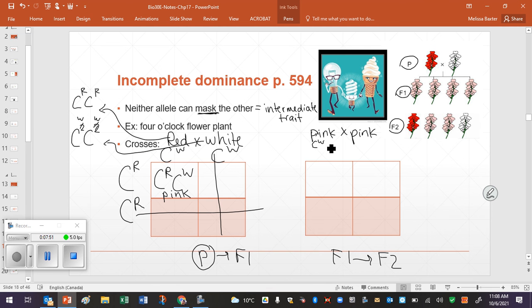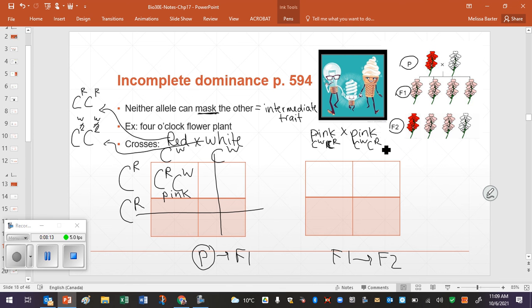The pink genotype was one white and one red. And notice I wrote them in a different order because it didn't really matter. Red wasn't dominant over white, white wasn't dominant over red. So I didn't have to put the capital letter first like I usually do because they're all capital letters. So it didn't matter which one I wrote first.